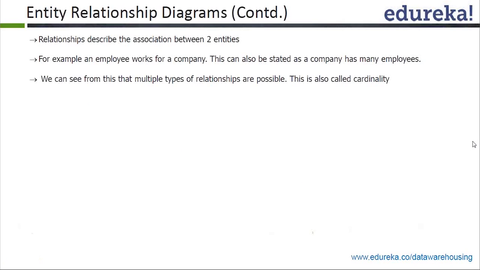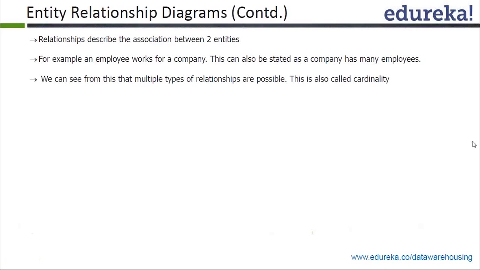A similar example given here is employee works for a company. So an employee working for a company is the relationship between employee and the company. So this entity relationship diagram will give you the different entities in your data model, and also the different relationships it has.